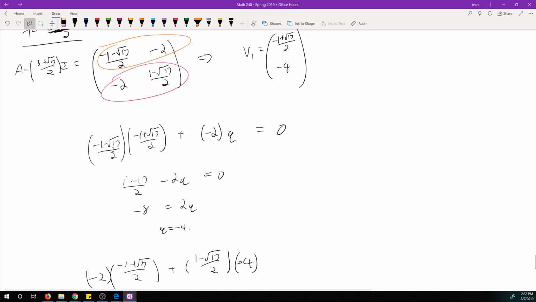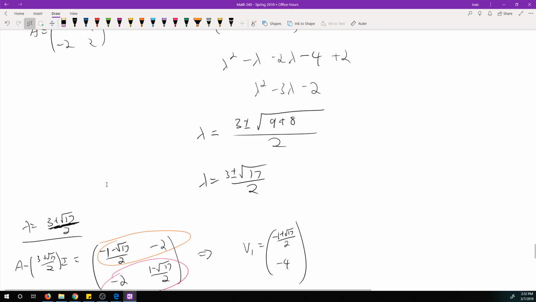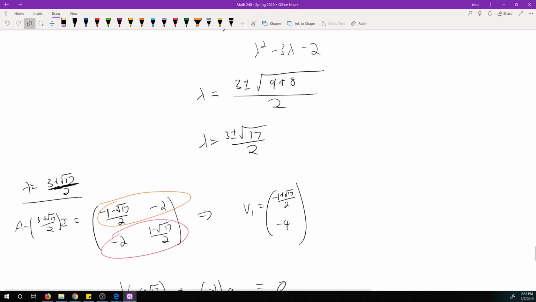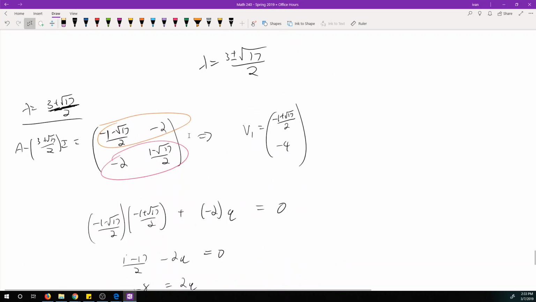It should be a negative 2, because if this were negative 2, so it's negative 1 over minus root 17. That's fine. And then 2 is 4, so you get 1 minus root 17 over 2. That's fine.